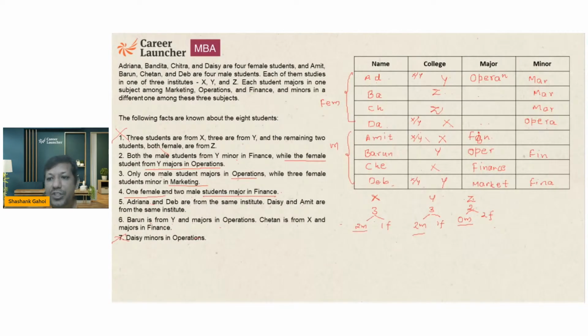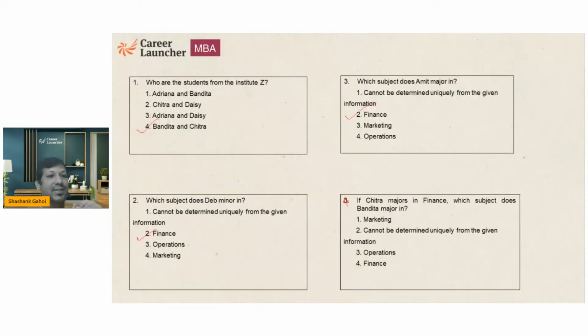Then Bandita cannot go for finance because there are only three students in finance, one female, two males. Bandita cannot be from marketing because her minor is marketing. She cannot be in finance because finance is already taken by Chitra. So the only possible value for Bandita is going to be operations. So the answer of this question is going to be option 3, that is going to be operations.